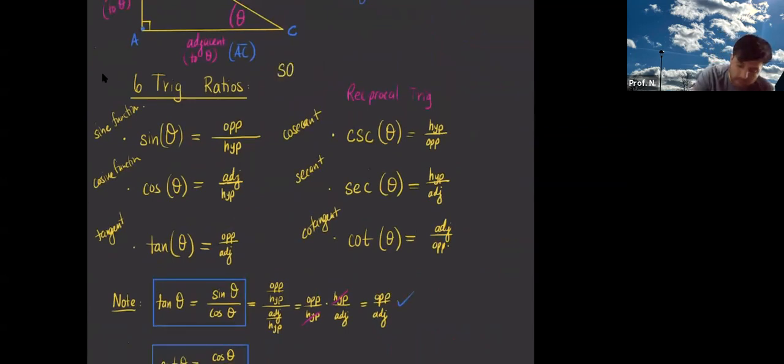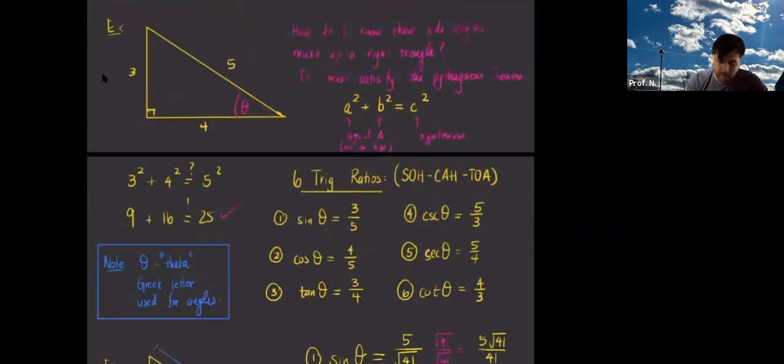SOHCAHTOA. This comes from SOH, sine; then you have cosine, CAH; they're just the first letter of each of these ratios. And tangent is finally TOA. So that's how they remember, or they should. This is a way to remember sine, cosine, and tangent. SOHCAHTOA. I just wanted to mention that.